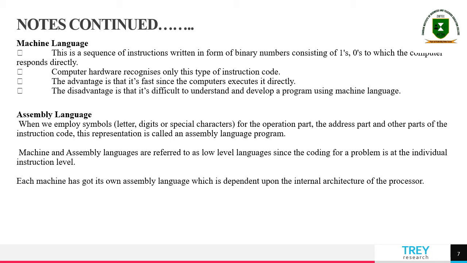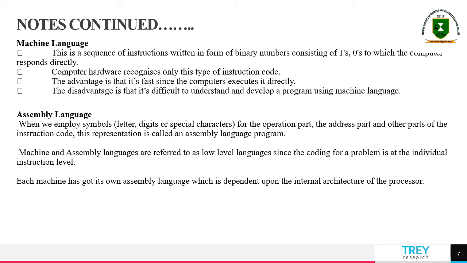The machine language is a sequence of instructions written in the form of binary numbers consisting of zeros and ones, to which the computer responds directly. By zeros and ones, we mean the computer does not understand the normal English that us humans understand, but it understands information in the form of binary.